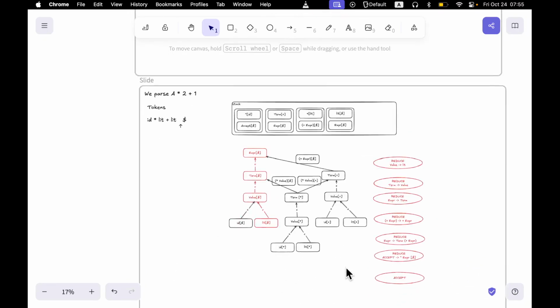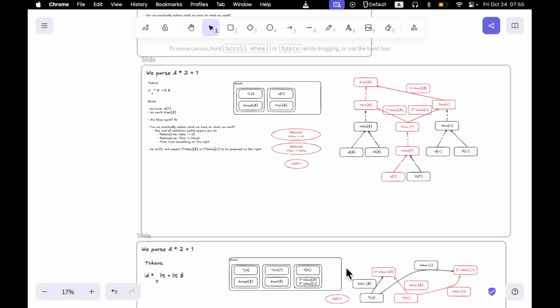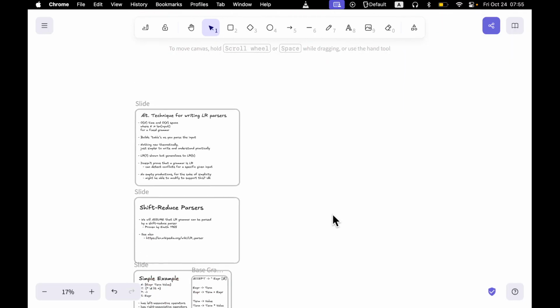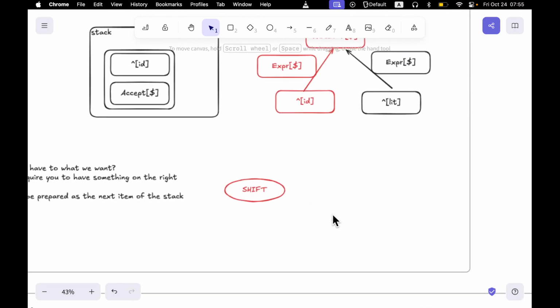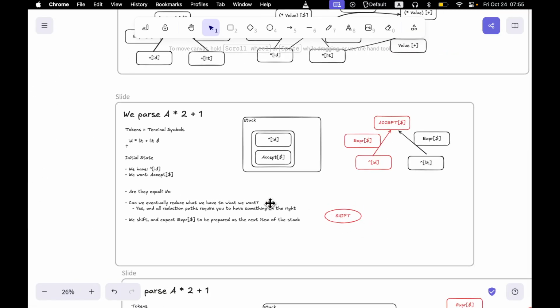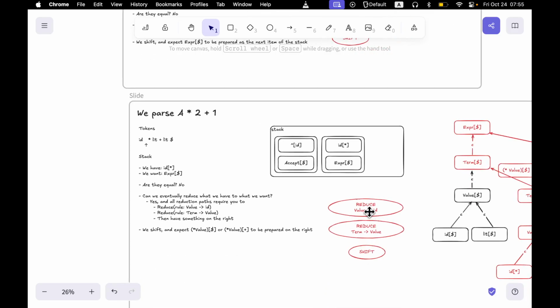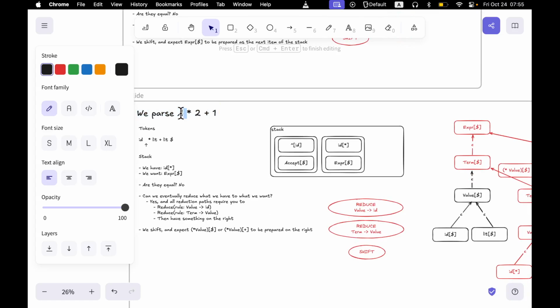So if we look at the sequence of actions that we encountered during this parse, you will see that you shifted the literal identifier. You shifted an identifier. You reduce this into a value and then into a term. And that corresponds to this.